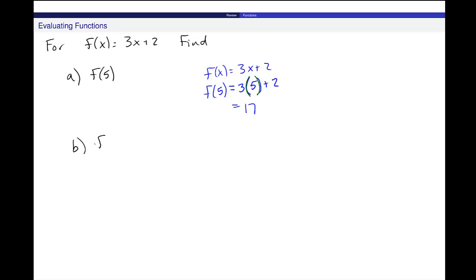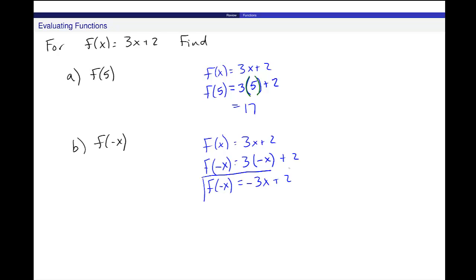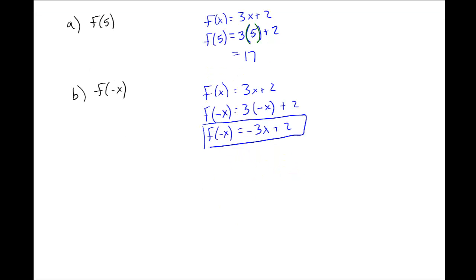So B, I want to find f of negative x. Same exact thing. I want to start with my original function, 3x + 2. And now in this line, everywhere I see x, I'm going to plug in negative x in parentheses. So I get negative 3x plus 2. Simplify. So f of negative x is equal to negative 3x + 2. Let's do one more. f of x plus h.